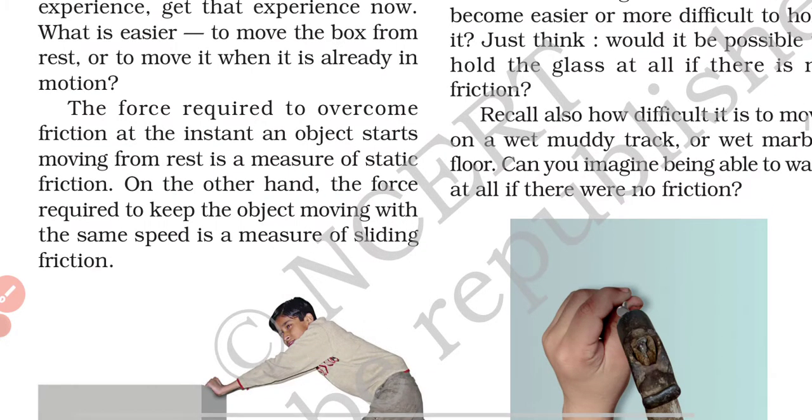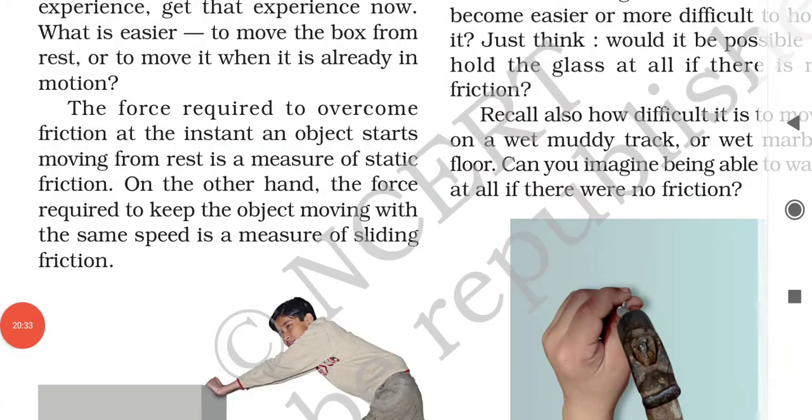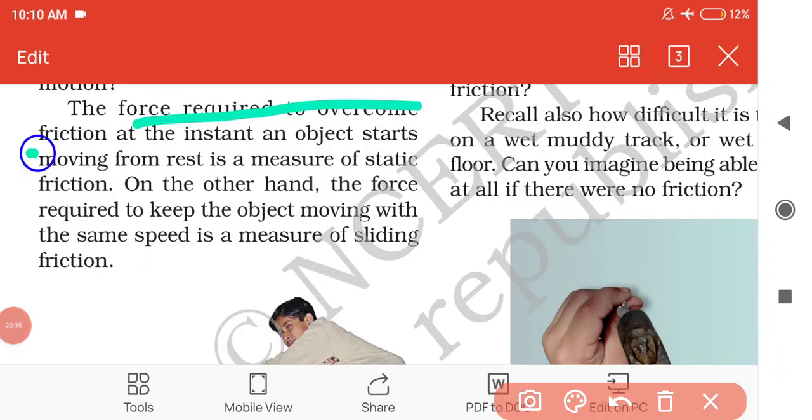So the force required to overcome friction at the instant an object starts moving from rest is a measure of static friction. That means the maximum frictional force present between any two objects when one object tends to move or slip over the surface of the other object is called static friction.